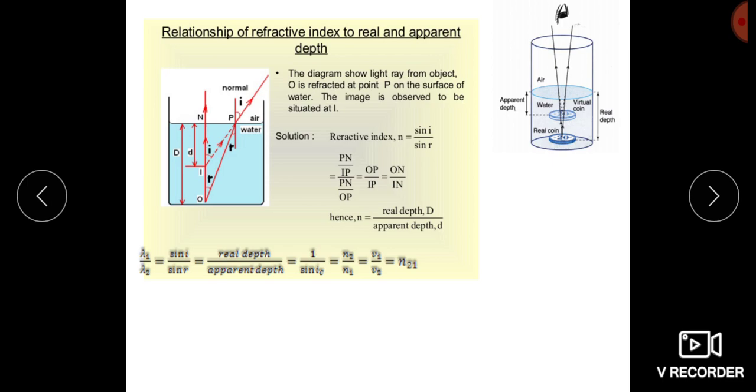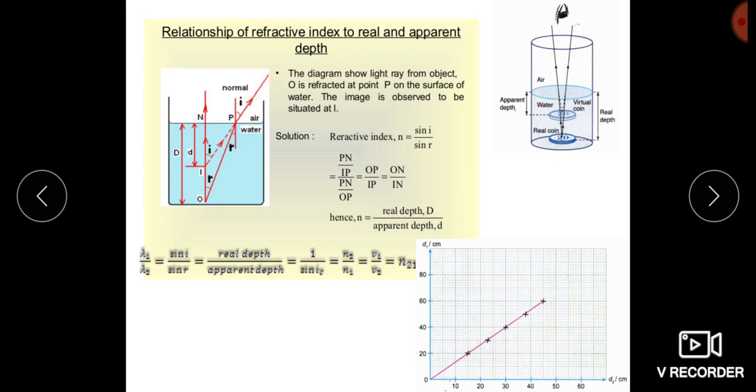For smaller angles, sin I is approximately equal to I, and sin R is approximately equal to R. At the same time, this is very small, so OP can be taken as ON, sorry, IP can be taken as IN. When we replace, this gives real depth by apparent depth. So real depth by apparent depth is nothing but the refractive index.